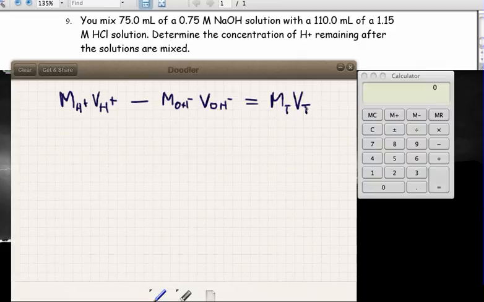Very similar to the iced tea problem, with the exception that here we have a minus sign instead of a plus sign. There's a big difference there.